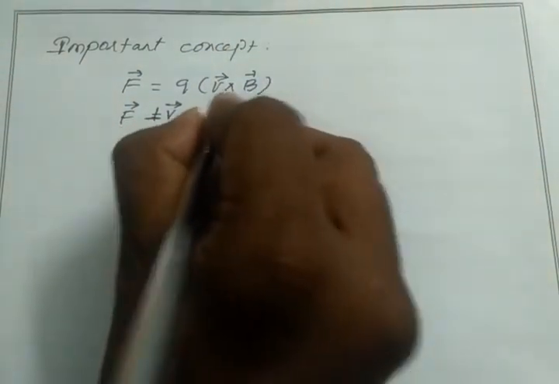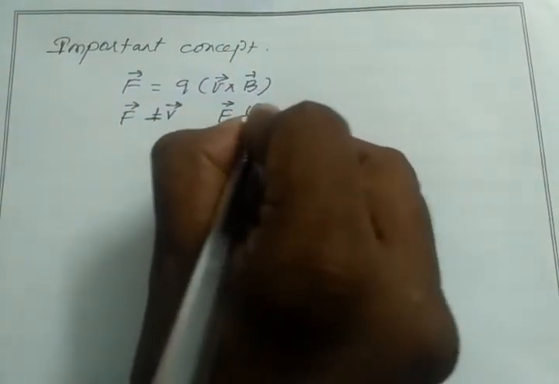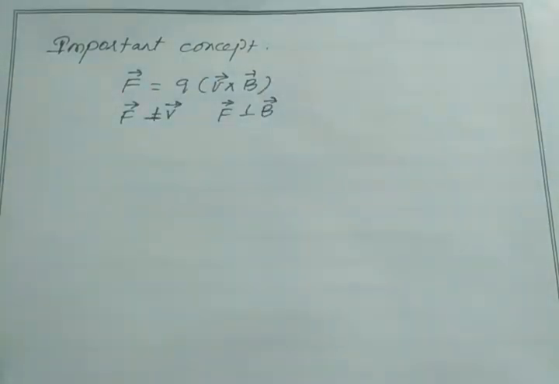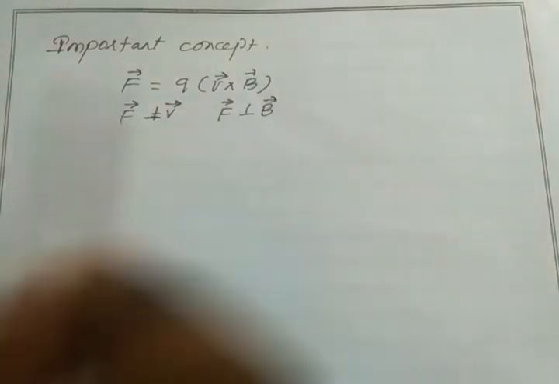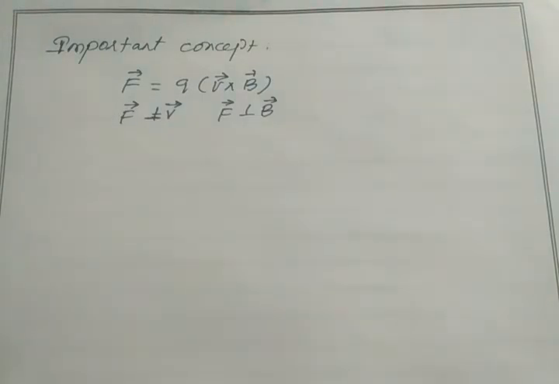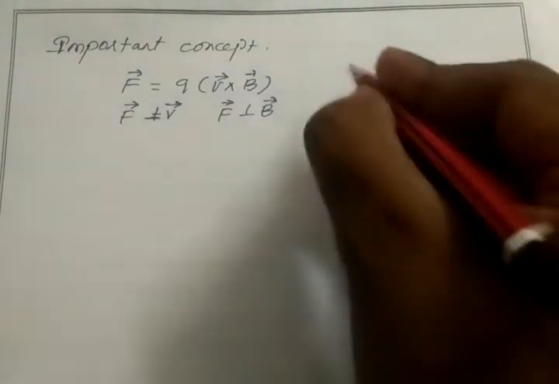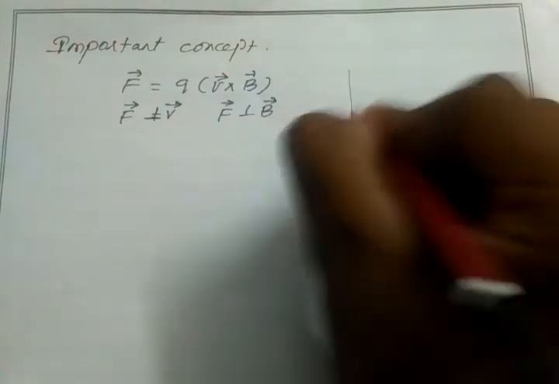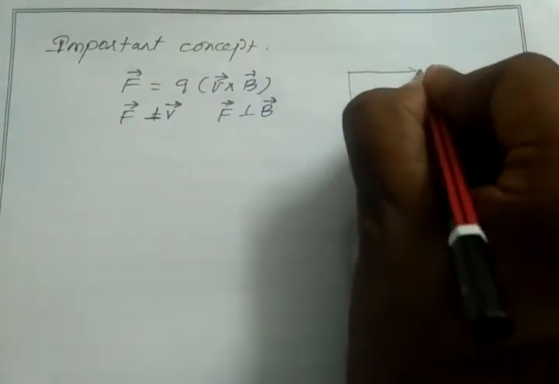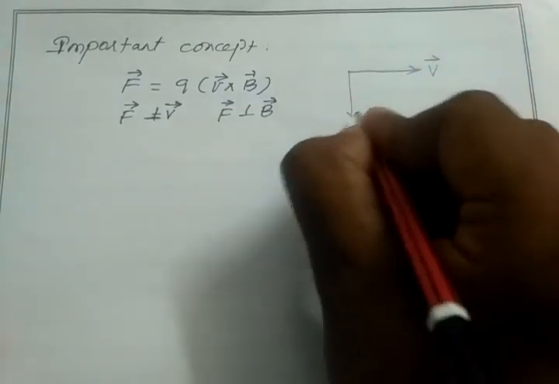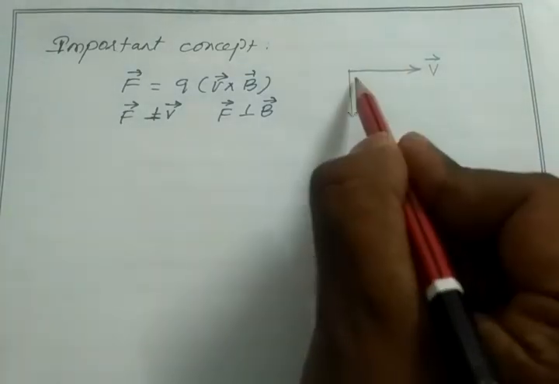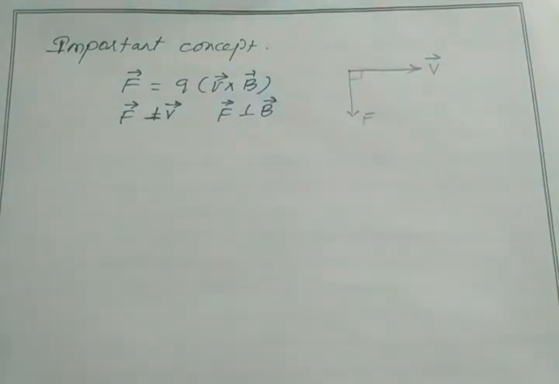Similarly, the magnetic force should be perpendicular to the magnetic field. All three should be mutually perpendicular. So if this is my force and this is the velocity, the motion of charge, they are perpendicular and create an angle of 90 degrees.